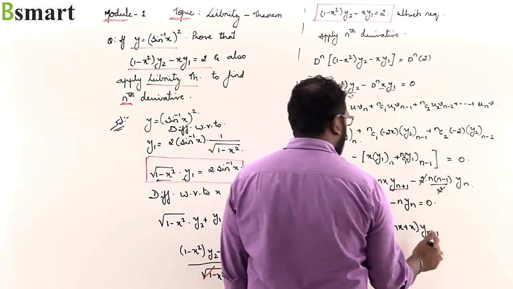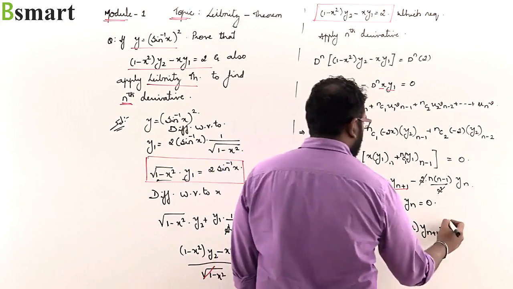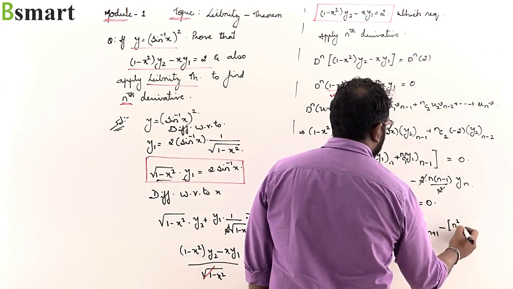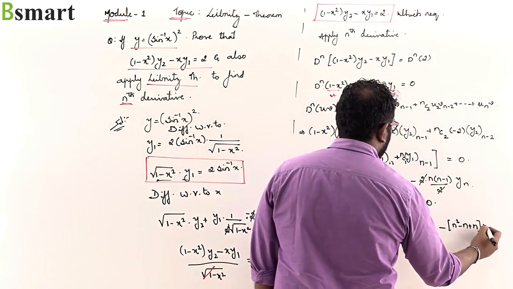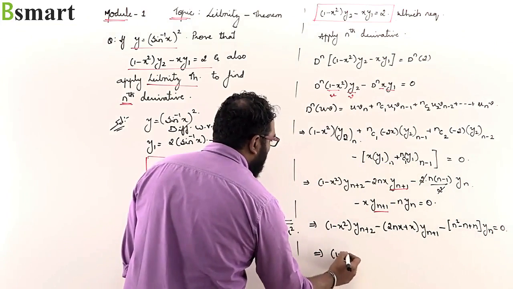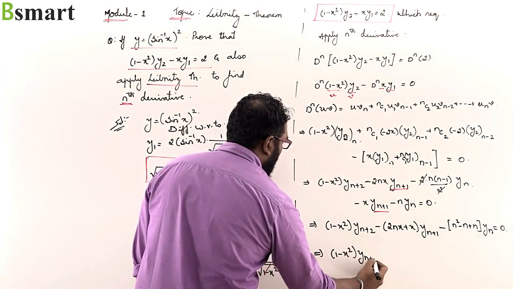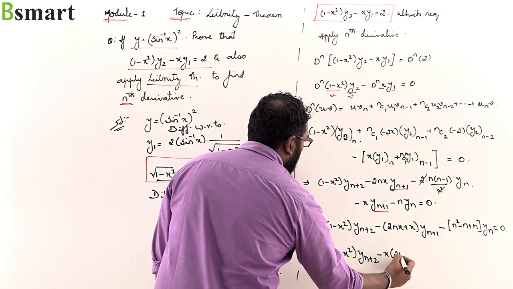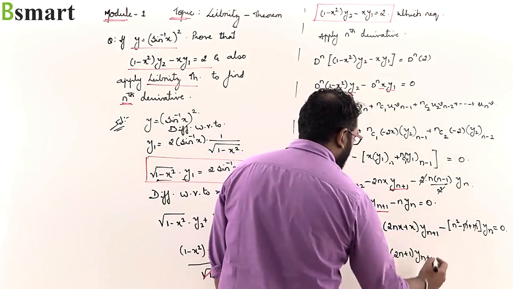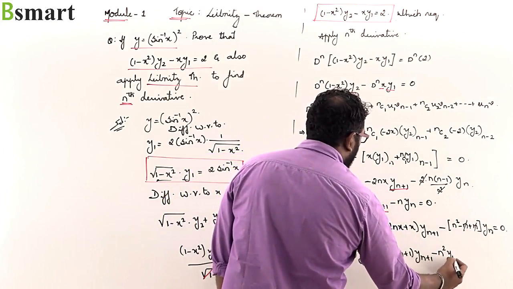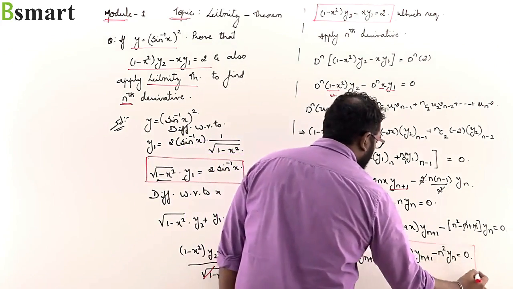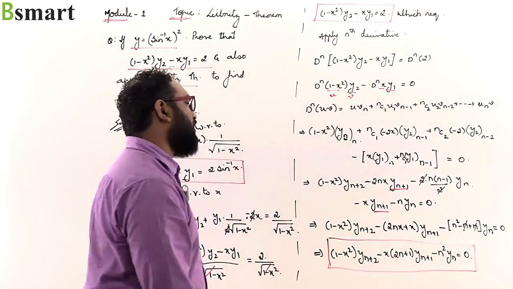And here again minus yn if I take out common, then that will be n square minus n plus n into yn is equal to 0. That implies (1 minus x square) into yn plus 2 minus x into (2n plus 1) into yn plus 1. So plus n minus n both will get cancelled, minus n square into yn is equal to 0. So which is our required nth derivative, which we got by the Leibniz theorem.